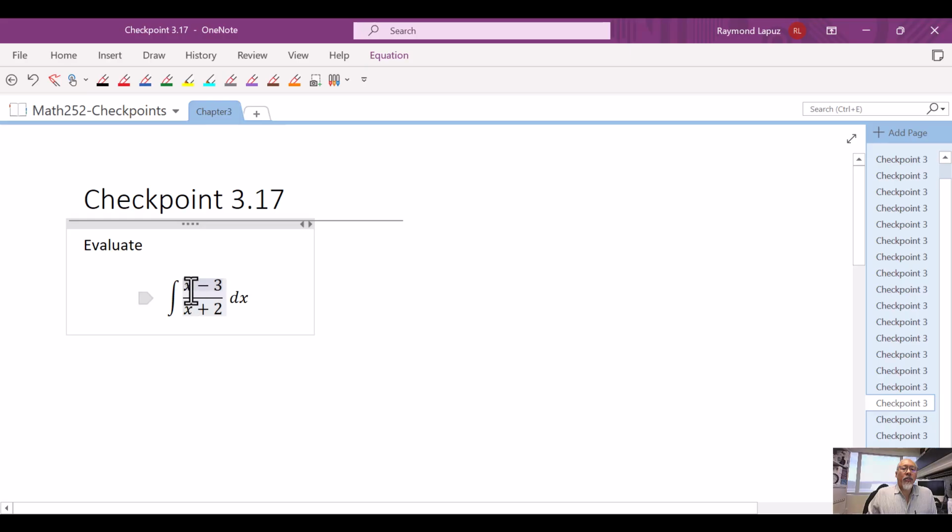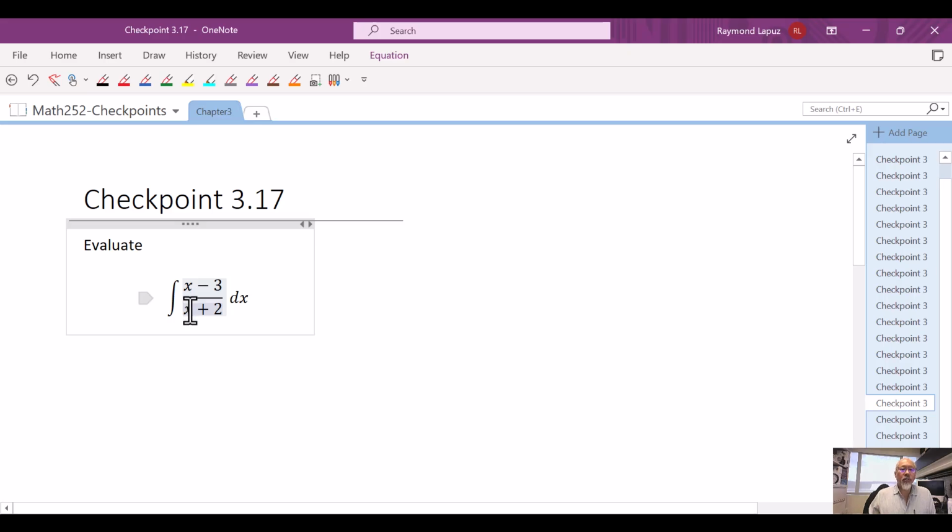One of the key things to look for is if you have a rational function that's a polynomial divided by a polynomial, we want to look at the degrees of the polynomials on top and the bottom and compare them. If the degree in the bottom is larger than the degree on top, then we can do some decomposition.